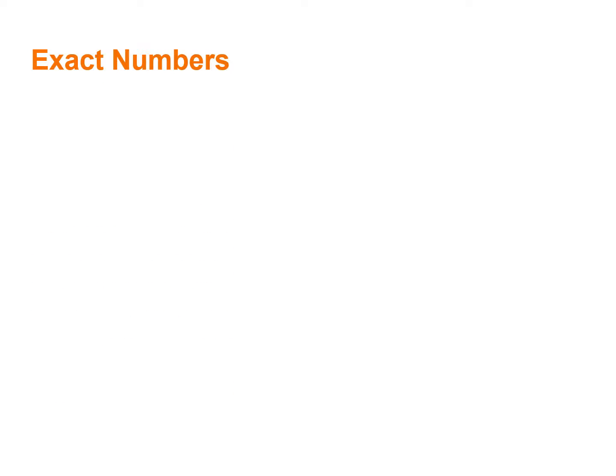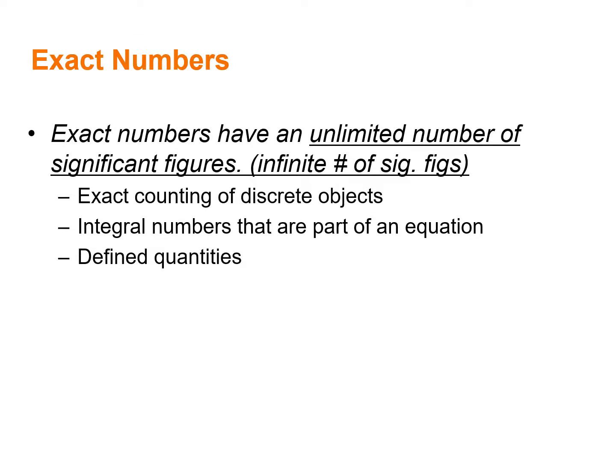Okay, so continuing on significant figures, exact numbers have an unlimited, an infinite number of significant figures. When you have an exact number, you get an exact counting of discrete objects. So if you have 12 eggs, it's not like 12 and a half of a broken egg, it's just 12.